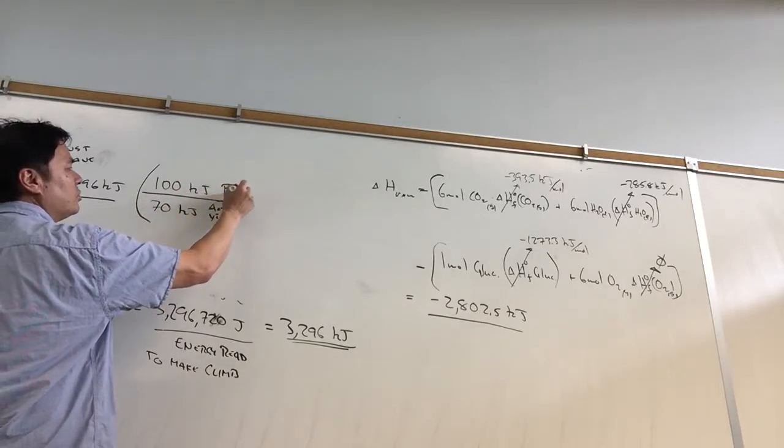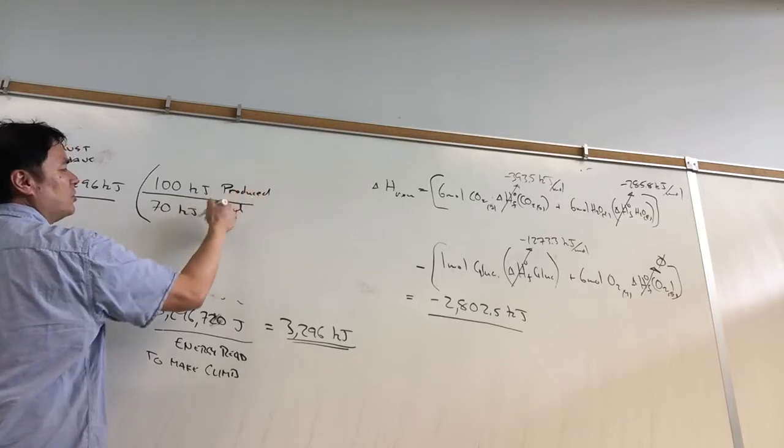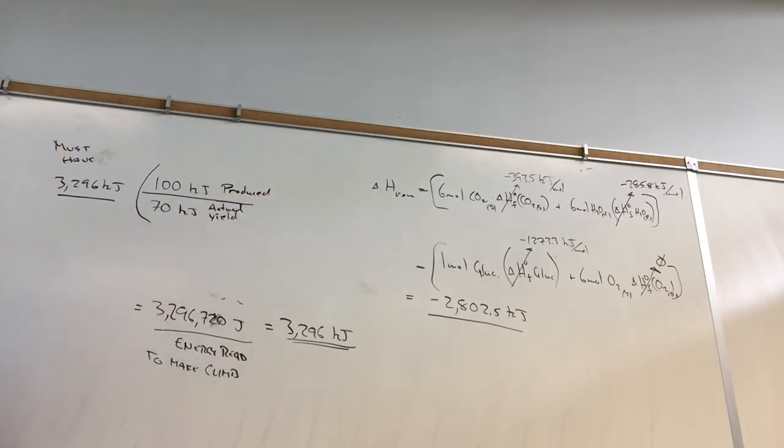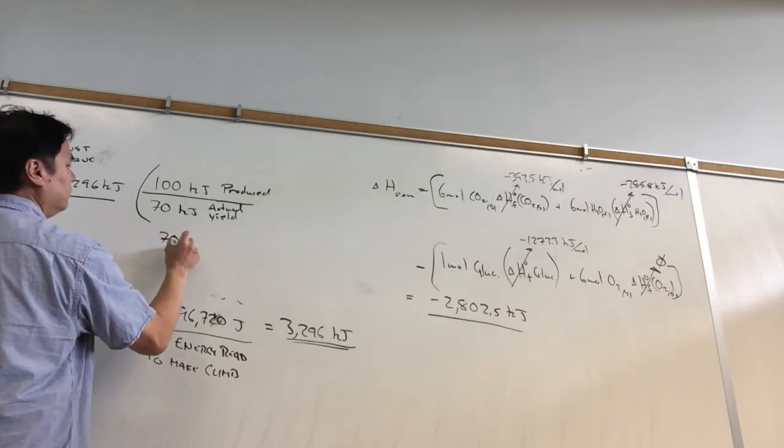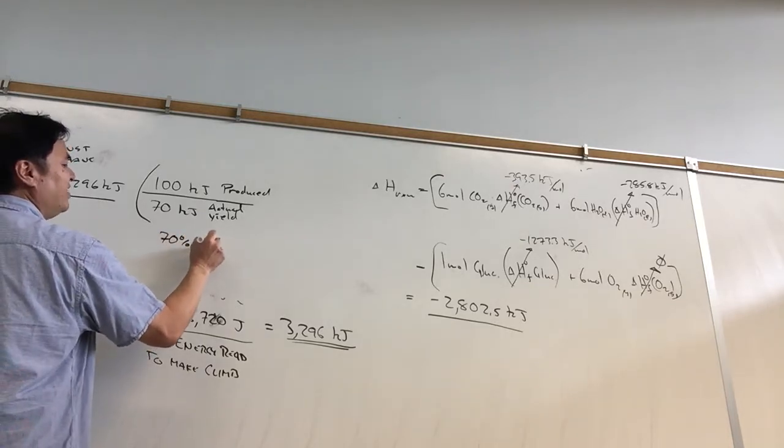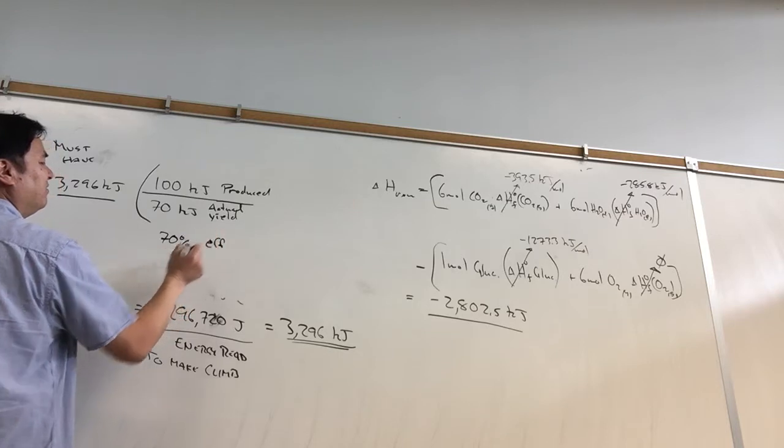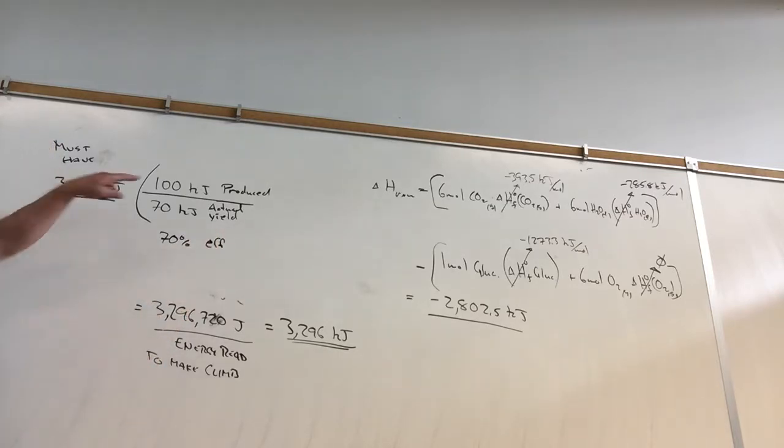For every 100 kilojoules produced, we only get an actual yield of 70 kilojoules. Does that make sense? That's 70% efficiency. And so that means we need more glucose. 10/7 more. Multiply the 3,000 number by 1.3 is really what you need. Okay.